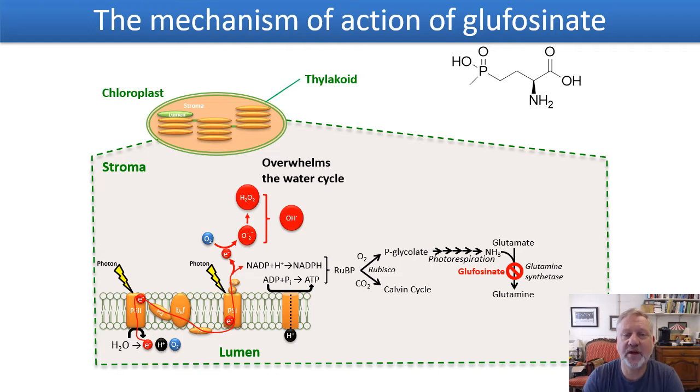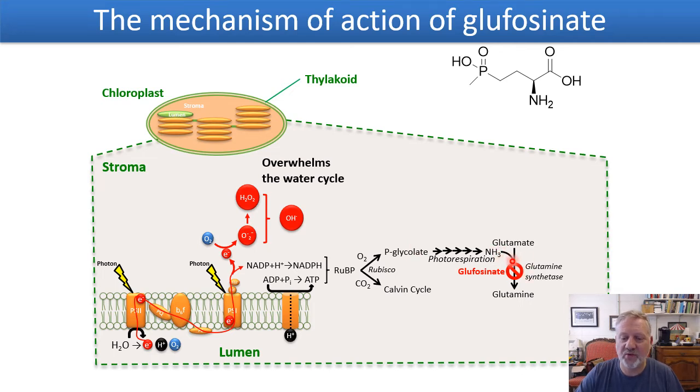We spent a lot of time working on this, but what we've discovered is that while indeed glufosinate inhibits the conversion of glutamate to glutamine over here, that step is actually toward the end of what's called photorespiration, which is a mechanism of removing toxic components that are made when plants use oxygen rather than CO2 as part of photosynthesis.